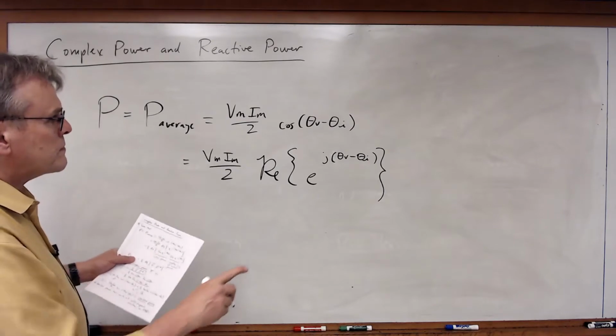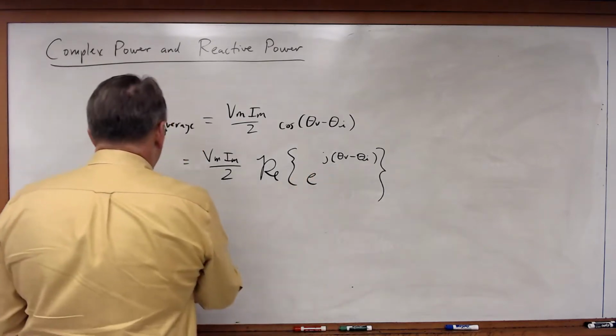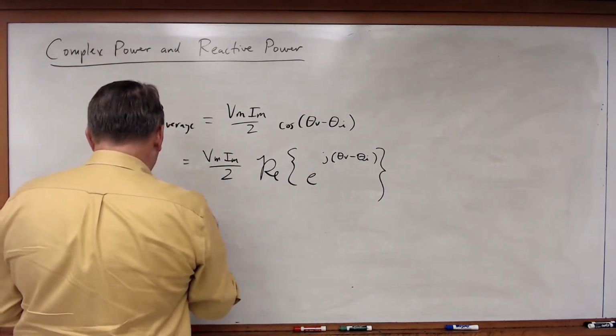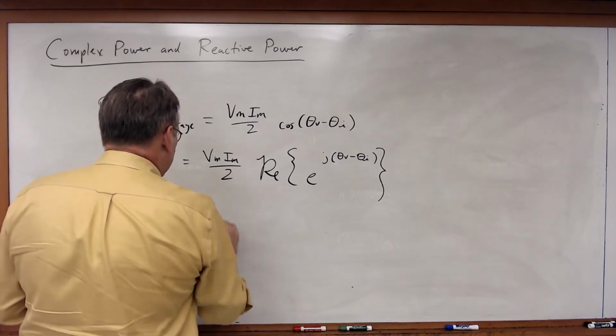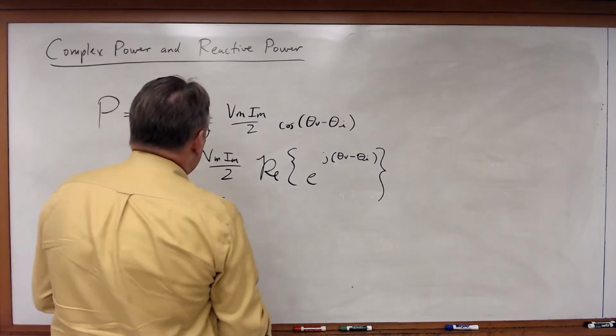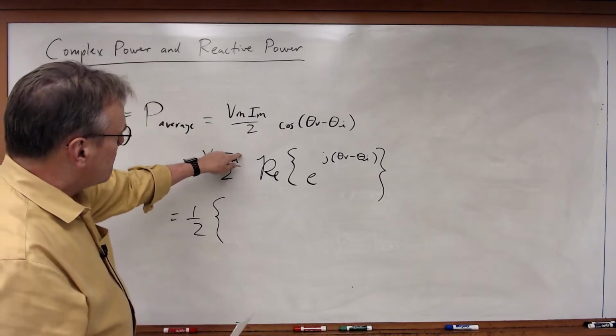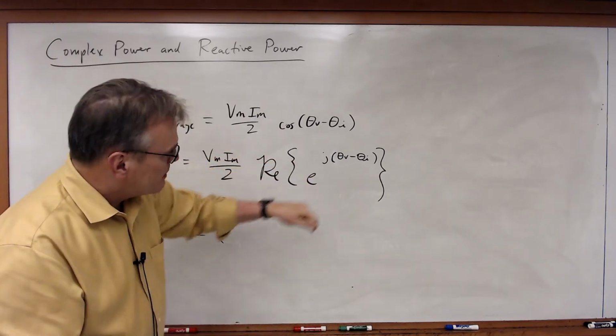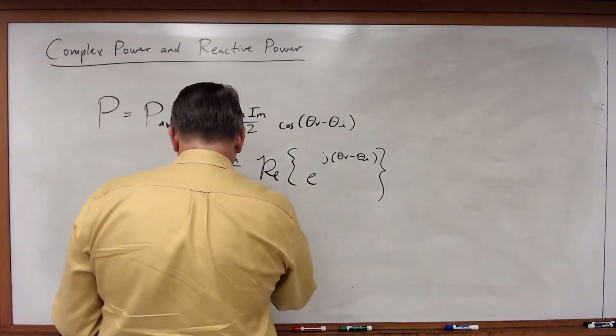All right, let's break this up. This is equal to 1/2, and let's take the Vm and the Im and factor them into this real portion.